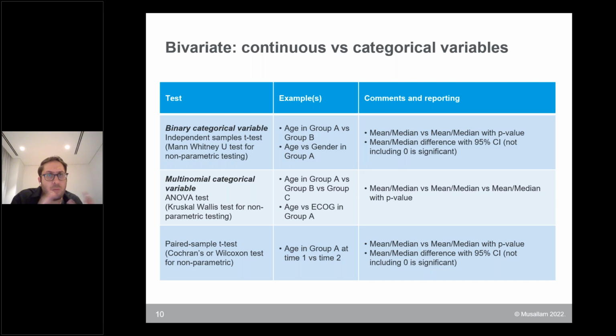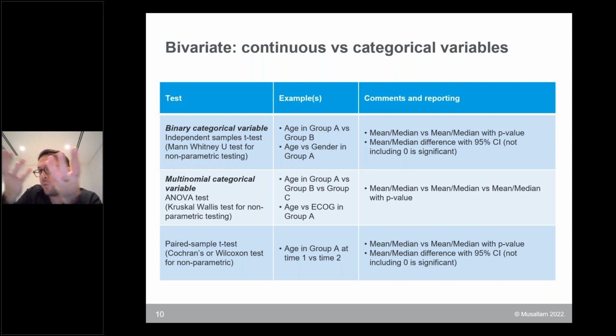The last bit of comparison of a continuous variable in categorical groups is the paired sample t-test. As the name implies, here we're comparing two groups, but it's actually not two groups, it's the same group, but we're looking at it as if it's two groups because we're looking at two points in time. For example, I look at the blood pressure of group A at time 0, and then I measure the blood pressure of group A, the same group, again at time 2.